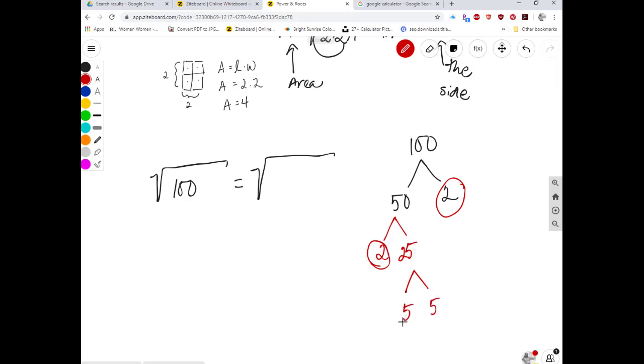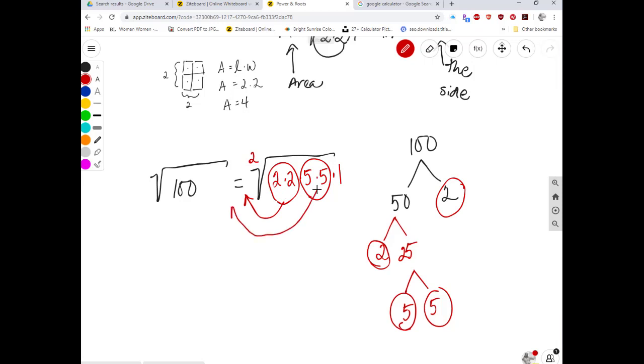Is 5 a prime number? Yes. So I can say that 100 is the same as saying 2 times 2 times 5 times 5 times 1. Okay? Remember, we have this little 2 sitting on this ledge, so I can actually find pairs and take them outside of the radical, because that's what the radical is telling me to do.